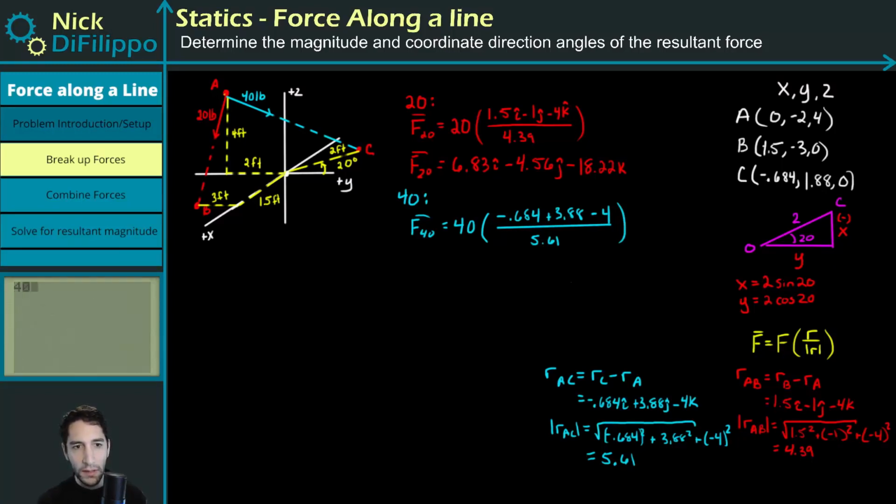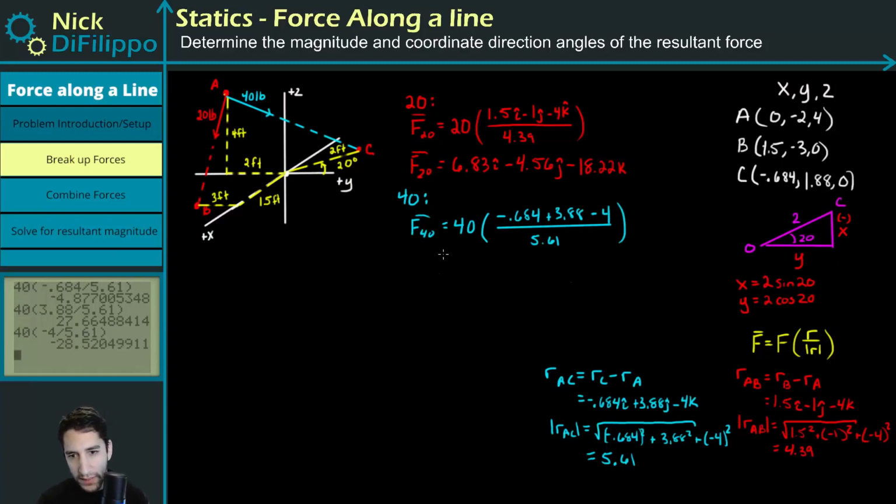So I'm going to have 40 times minus 0.684 divided by 5.61. I'm going to have 40 times 3.88 divided by 5.61. And I'm going to have 40 times minus 4 divided by 5.61.